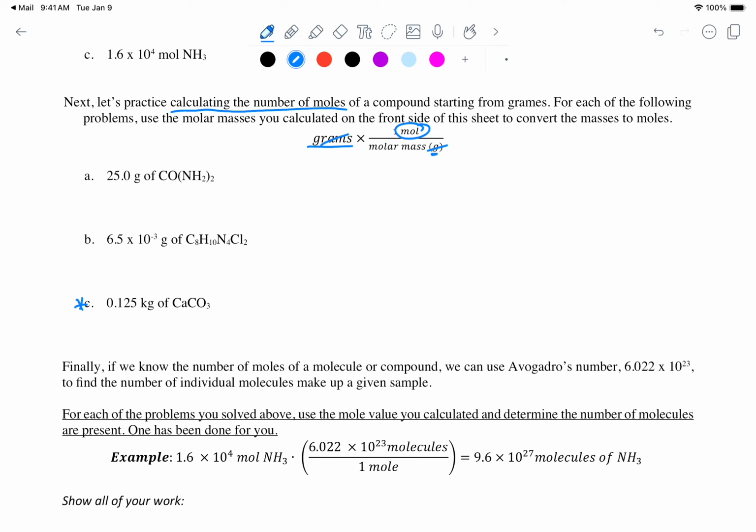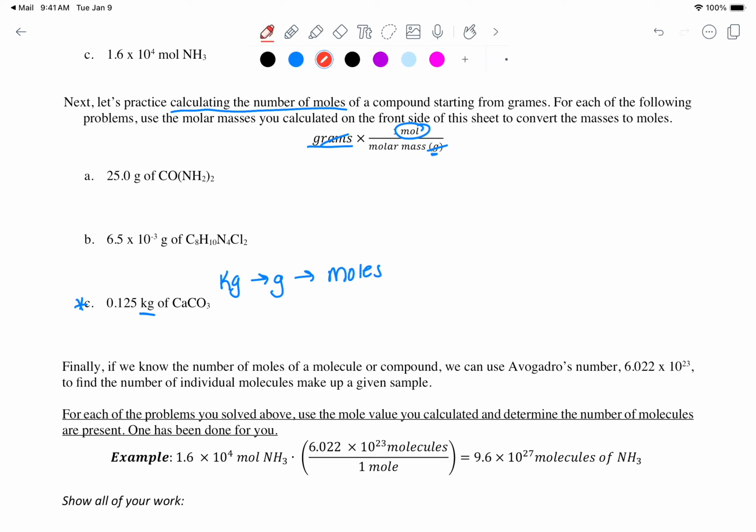We have to do 2 conversions here because the mass we are given is in kilograms. We cannot take that kilograms and immediately convert it to moles with our molar mass because our units won't cancel appropriately. So what we need to do is go kilograms to grams, and then from grams to moles.